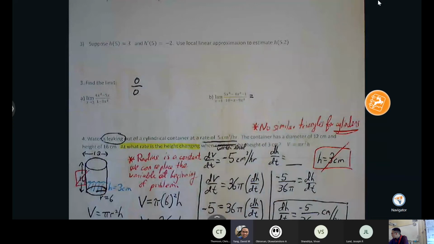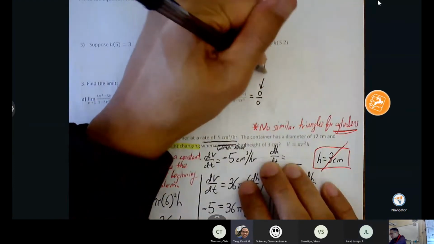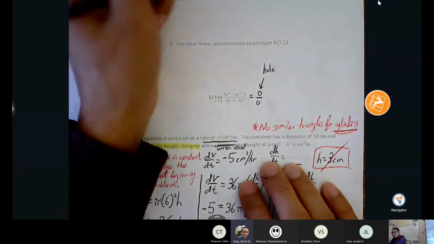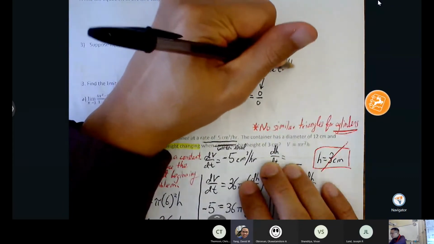And what do we get? Would you get 0 over 0? So that means there's a hole in the graph. There's an answer at the end of the process, and that means we can use L'Hopital's rule.